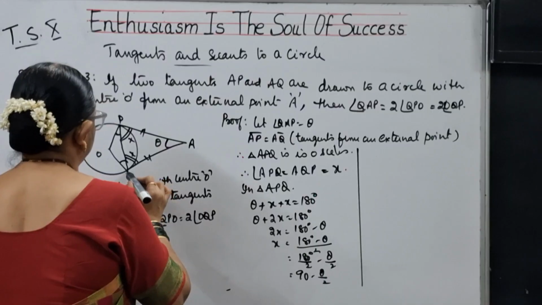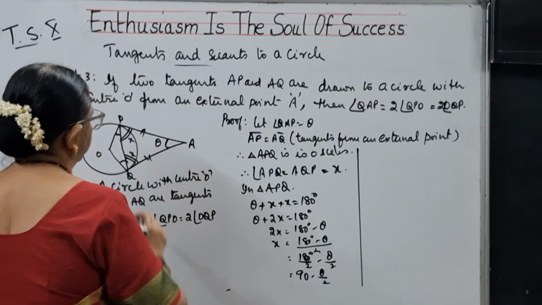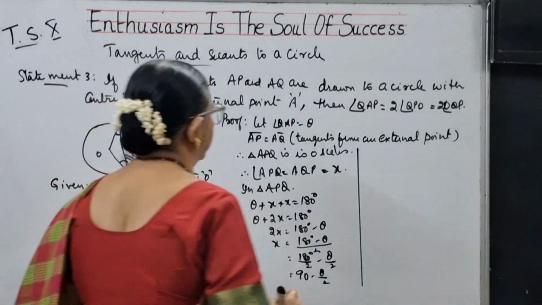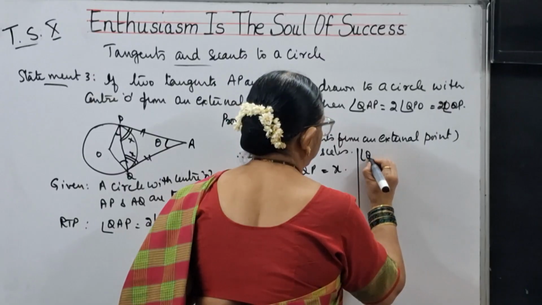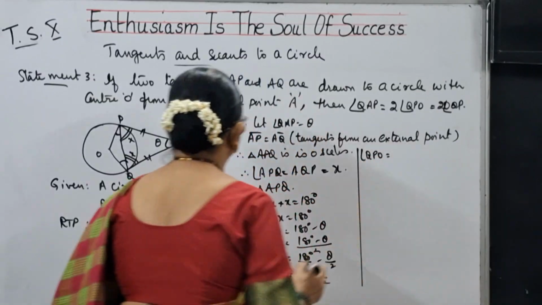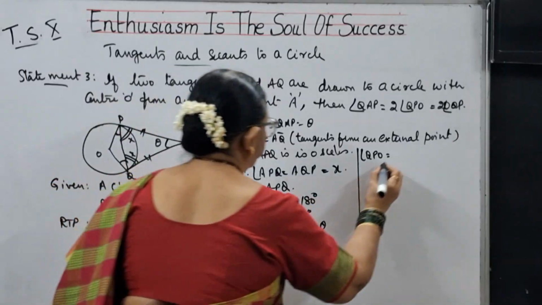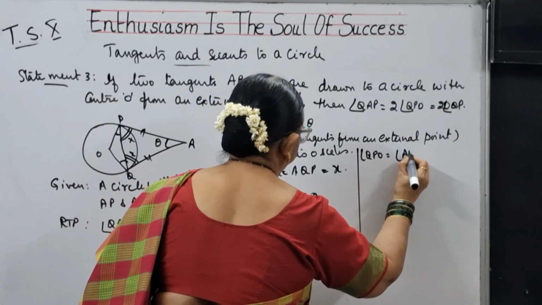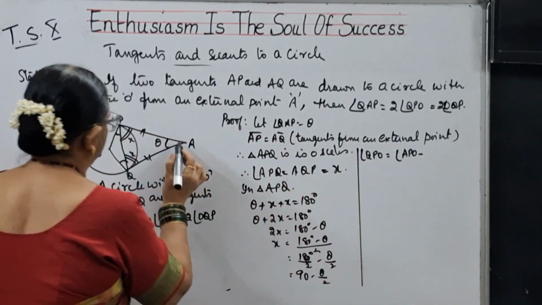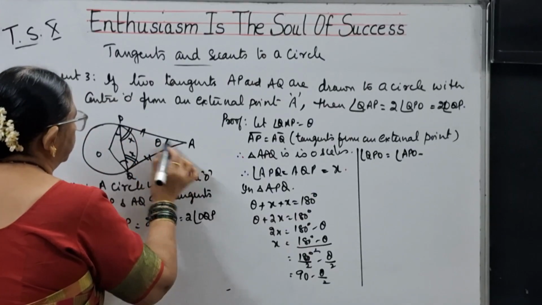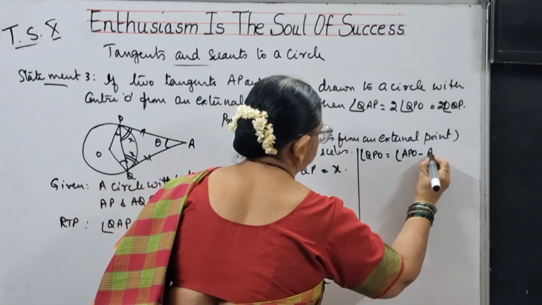Let us talk about angle QPO. Actually, what is angle QPO? Angle QPO is nothing but angle APO minus angle APQ.